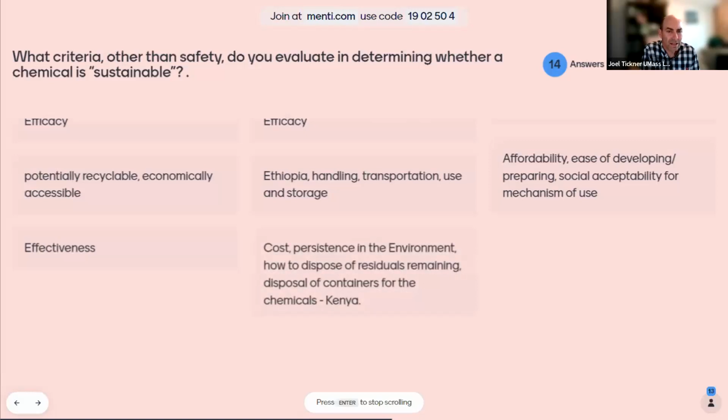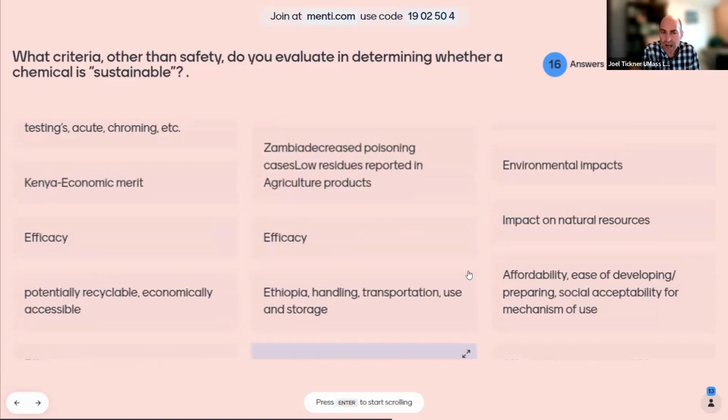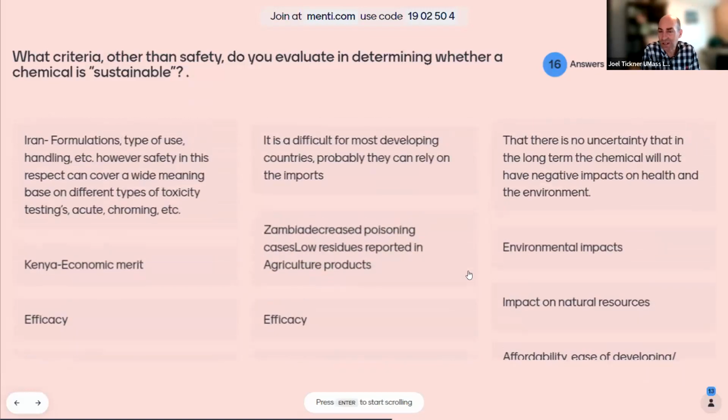Yeah, I think there are, right, looking at persistence, looking at effectiveness, all of these we'd have to see, like effectiveness in terms of addressing a pest infestation, right? So effectiveness is an important one, right? If the chemical doesn't work, if the process change doesn't work, it's not going to solve the problem.